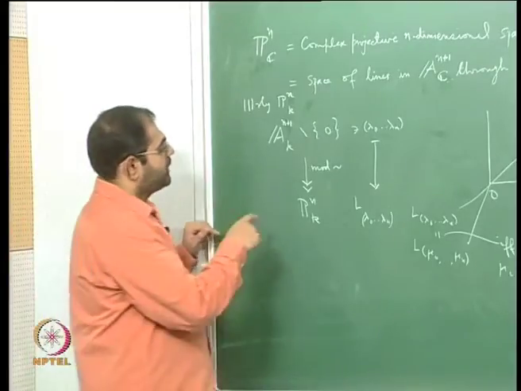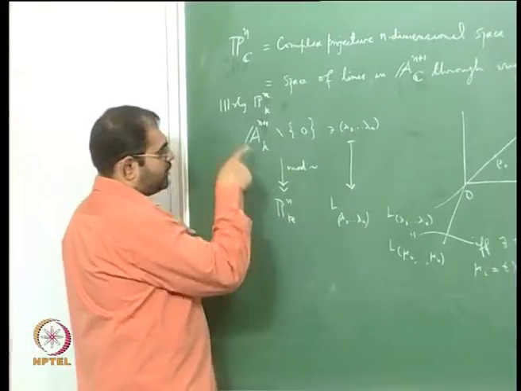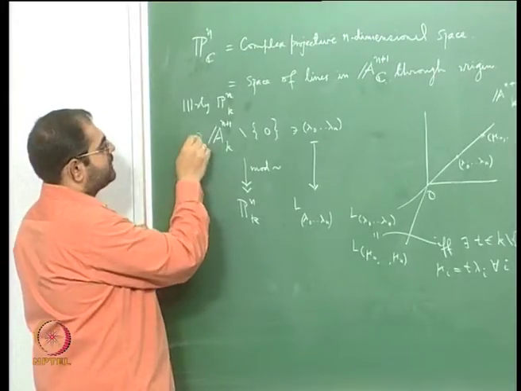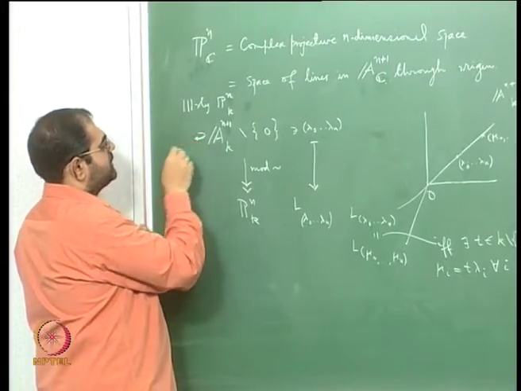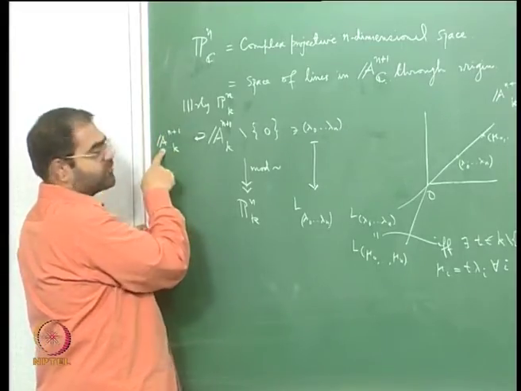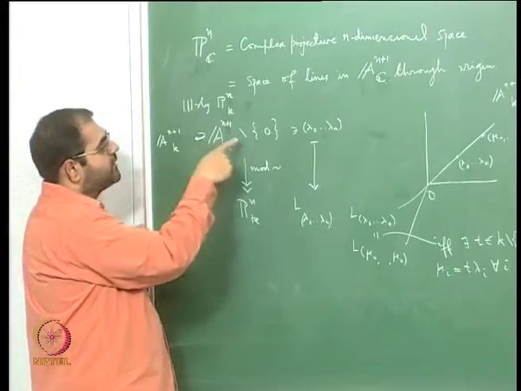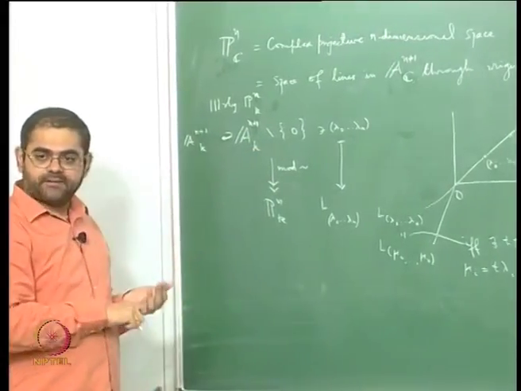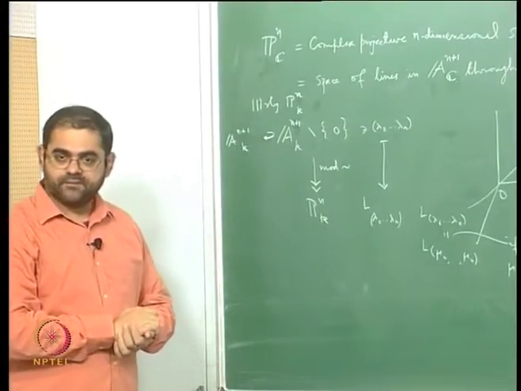I have the Zariski topology on this because this is sitting inside A^(n+1), which has a Zariski topology, and I can put the quotient topology on this, and that will give me a Zariski topology on Pn.